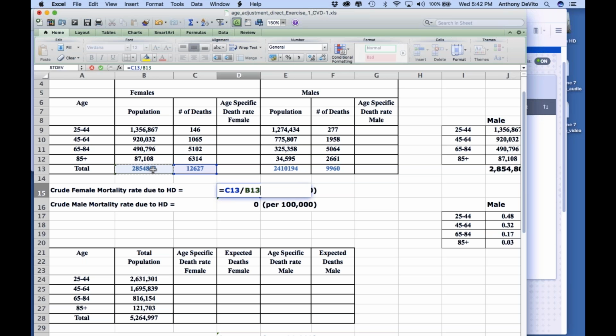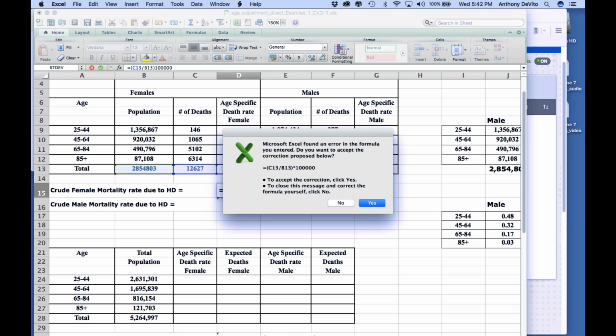In other words, 10 deaths per 100 is the same thing as 10% of the people dying. I'm going to do the same thing here, except since the numbers are so low, I'm going to multiply by 100,000, and we're going to get the number of deaths per 100,000.